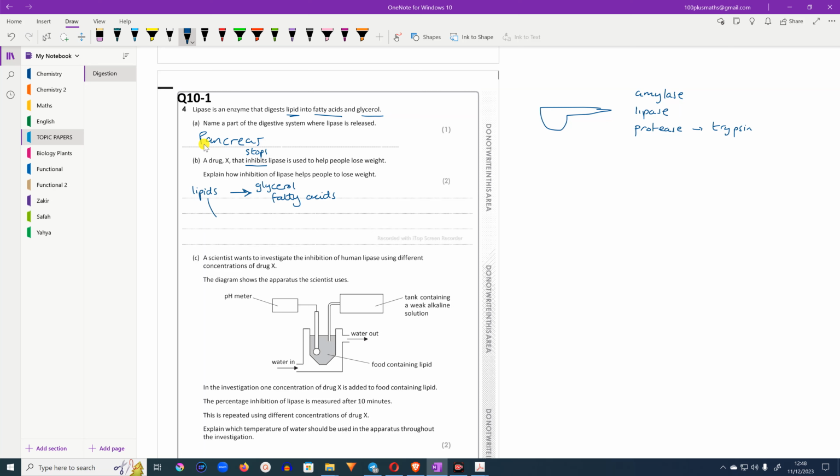If this drug X stops lipids becoming glycerol and fatty acids, what will happen is the lipid will not get used by your body and it will leave your body with the rest of the poo or the feces. Right. And that's what it does. So what it does, it stops.